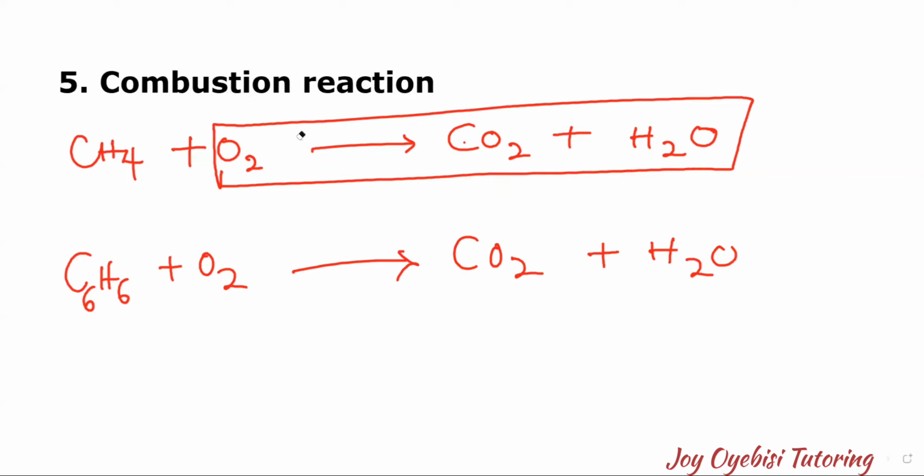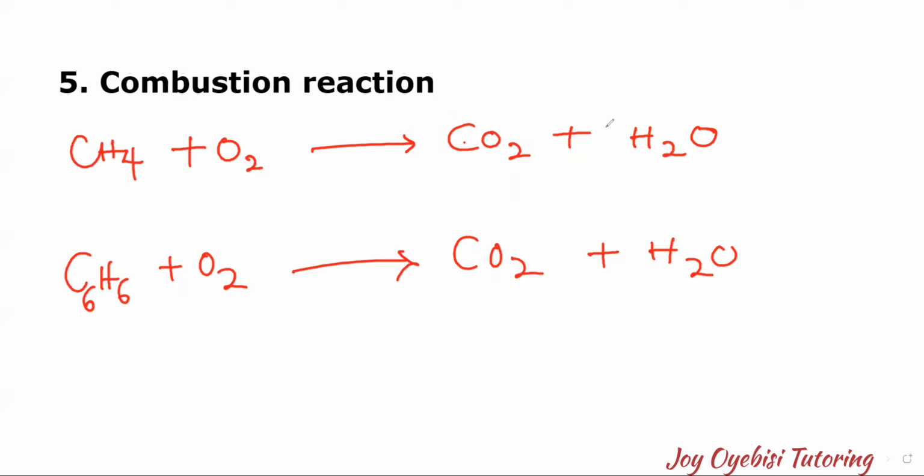So this is not balanced. We're not talking about balancing of equations now, so I won't waste your time talking about that for now. So this is the balanced equation.